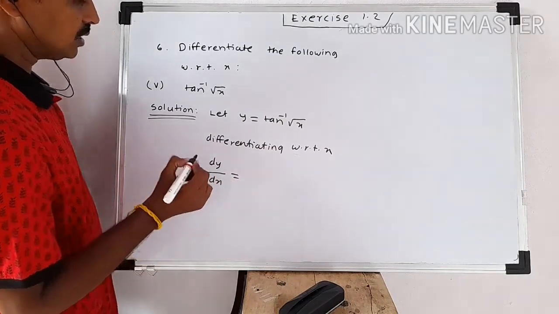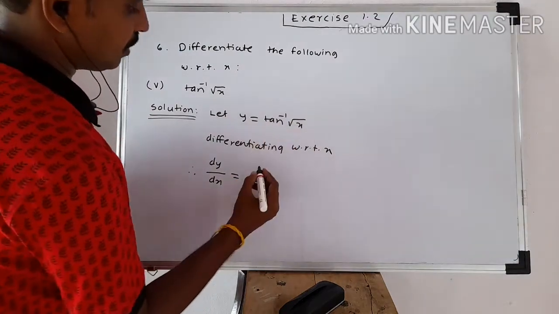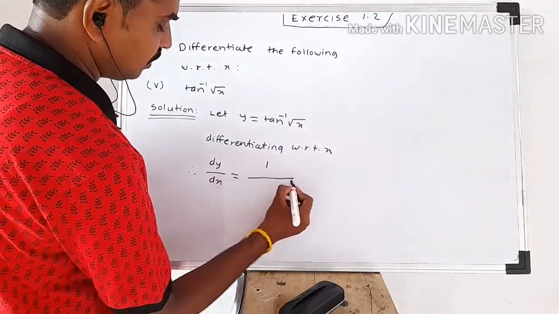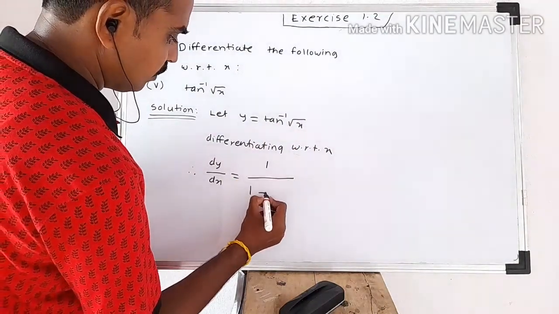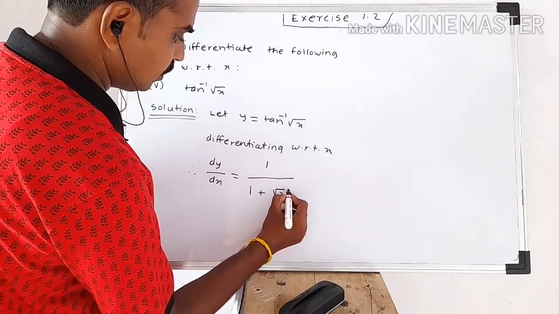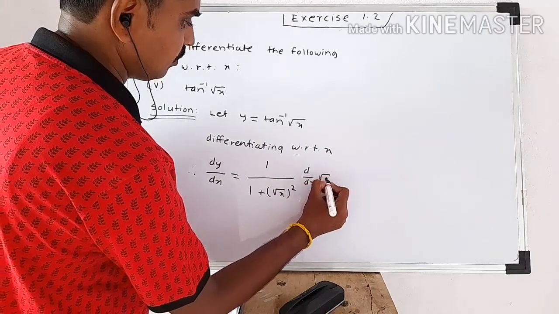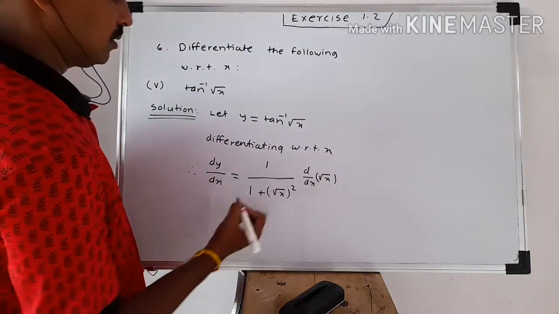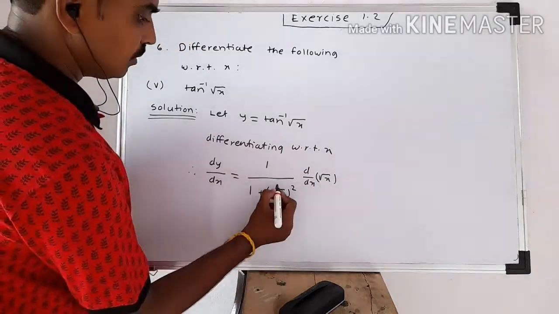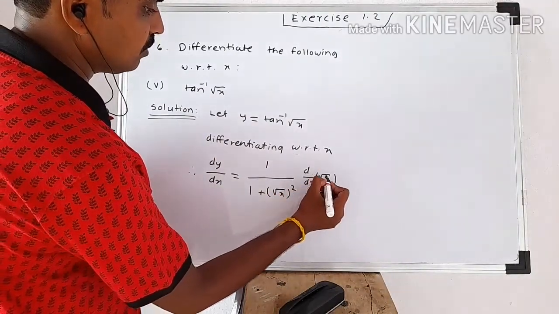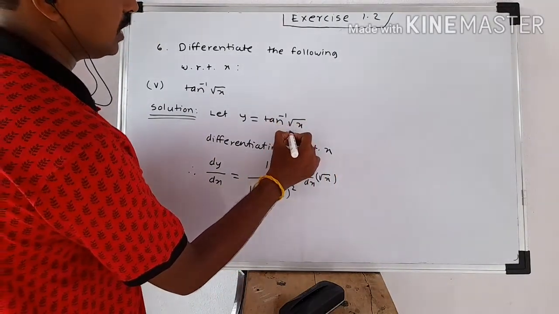What is the derivative of tan inverse of f of x? The derivative of tan inverse of f of x is 1 divided by 1 plus f of x square and d by dx of f of x, because f of x is here root x.